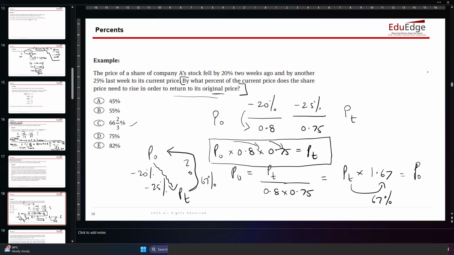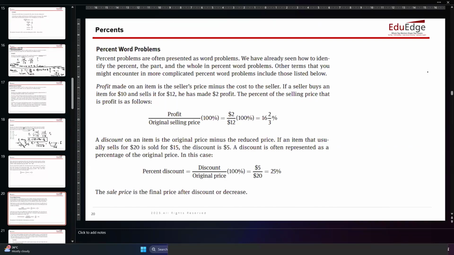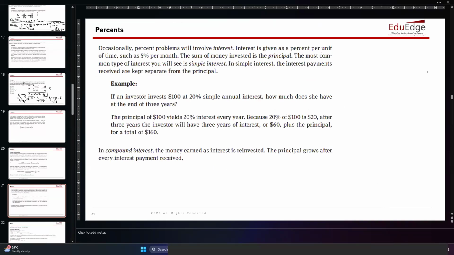Next. Percentage word problems are commonly asked on the GRE, and a popular category of that is profit, loss, discount, cost price, selling price, a variety of problems.